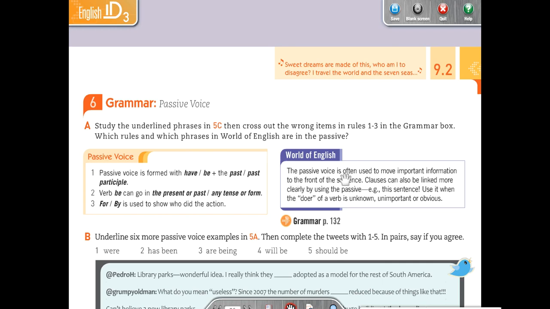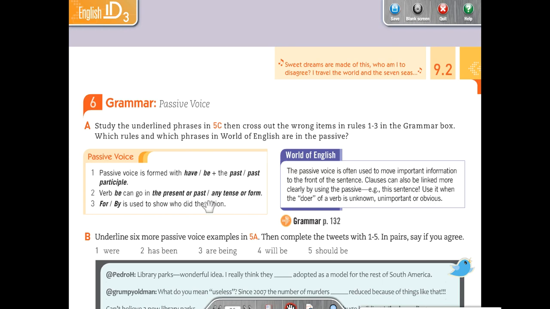The passive voice is often used to move important information to the front of the sentence. Clauses can also be linked more clearly by using the passive. Use it when the doer of the verb is unknown. So when you don't know or you don't care who does an action, it is unimportant or is obvious.